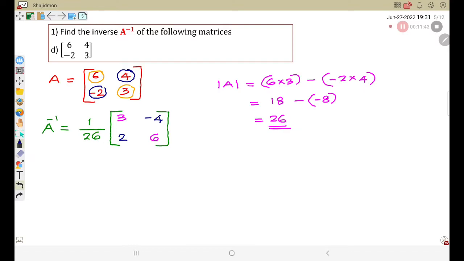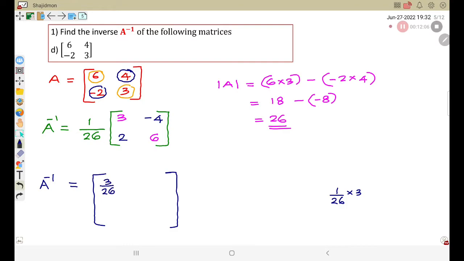Opposite sign. Okay. Now after that we need to multiply 1 over 26 inside the matrix, the first number and second number. So A inverse matrix equals: first, 1 over 26 multiply 3. So just multiply the numerator, 1 multiply 3, that is 3, divided by 26.